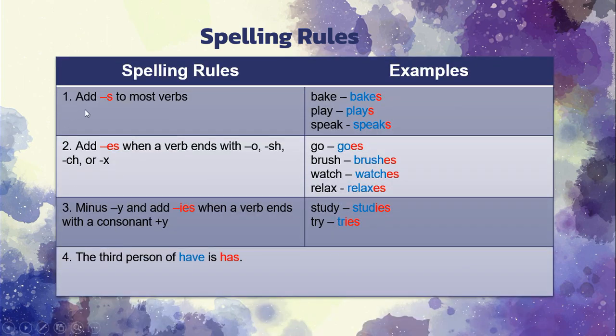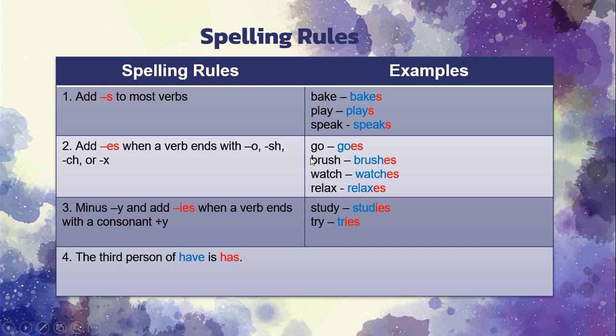Number 1. Add s to most verbs. For example, big, bigs, play, plays, speak, speaks. Number 2. Add es when a verb ends with o, sh, ch, or x.